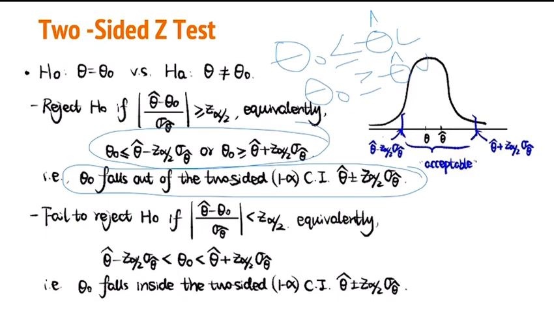When theta naught falls outside the two-sided interval, of course, it means we're going to reject the null hypothesis. So instead of conducting hypothesis testing, if you want to base your decision on the confidence interval, if you obtain your lower bound and upper bound, the only condition to reject is when your theta naught falls outside the boundary.